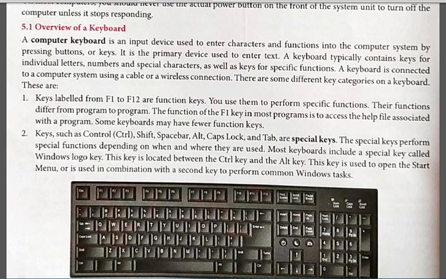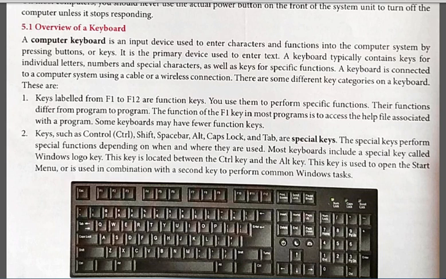There are some keys F1 to F12. These are the function keys used to perform specific functions. All of these differ from program to program. In most programs, the F1 key is used to access the help option.